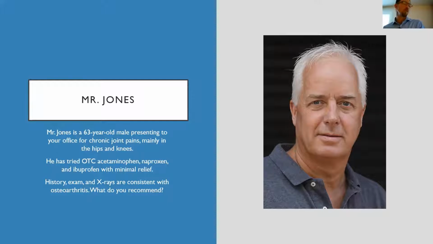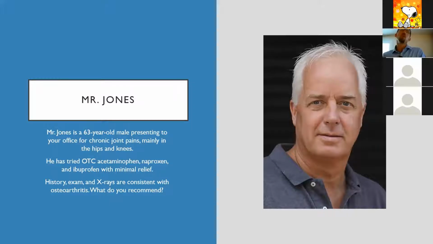Okay, so Dr. Rainey wants to know, how long have you been taking the medications, each of the medications that you've tried? It's a good question. And what doses? Yes. Good question.